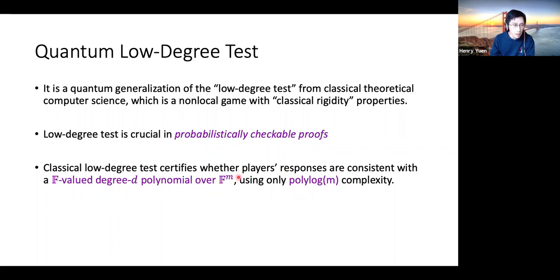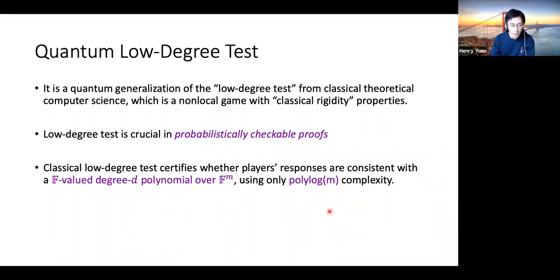These low degree polynomials are very large objects, requiring m to the d parameters to describe, but you can certify this structure using only polylog m complexity.